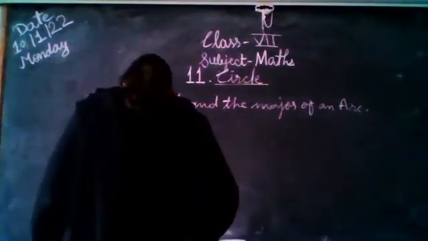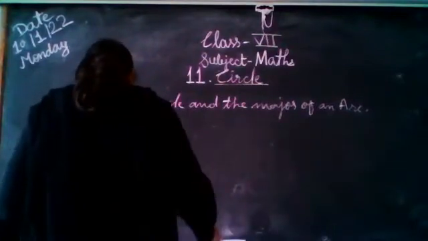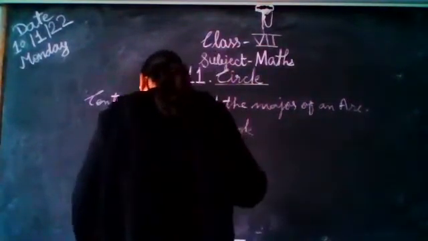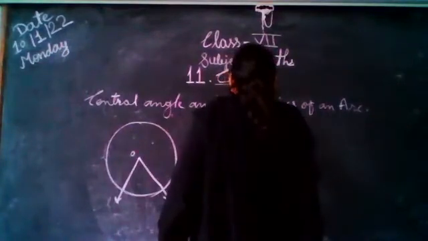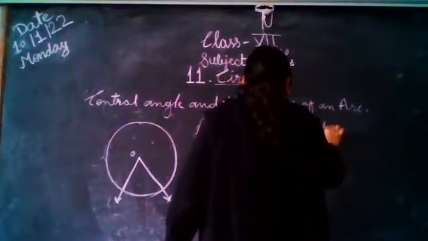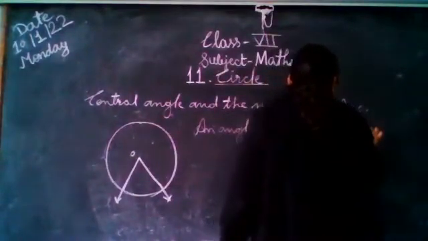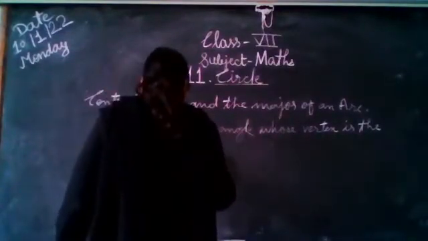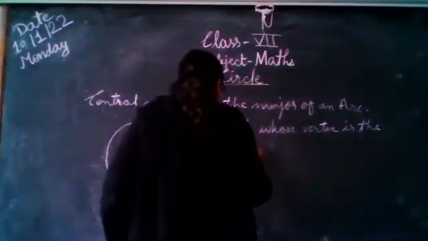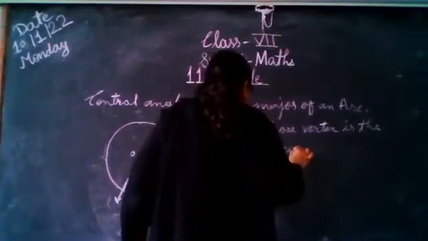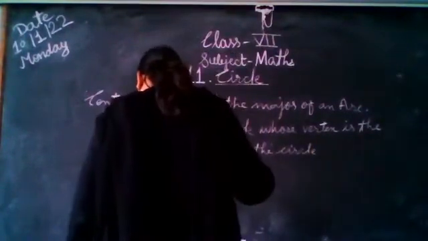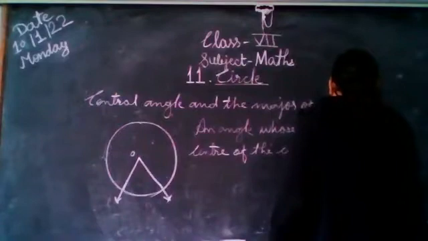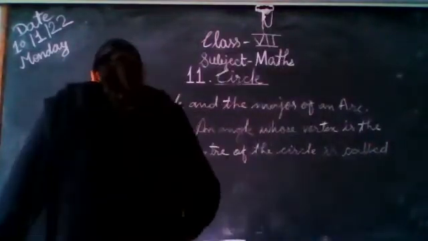The measure of the angle subtended by an angle whose vertex is the center of this circle is called the central angle.